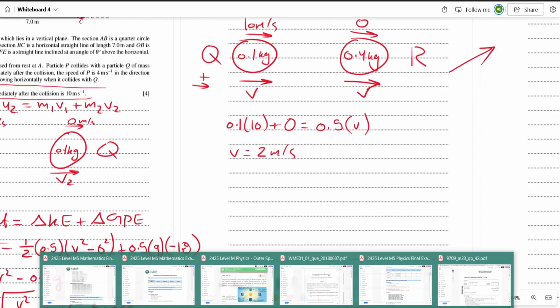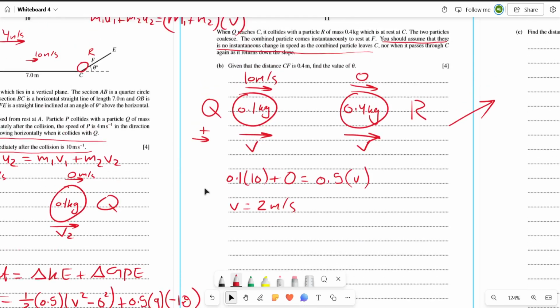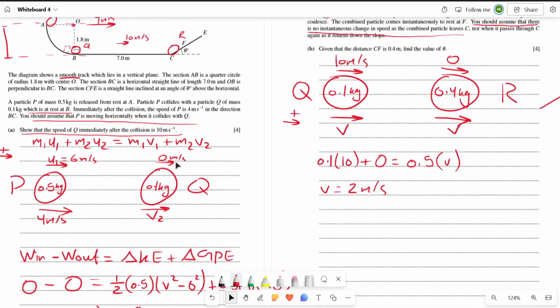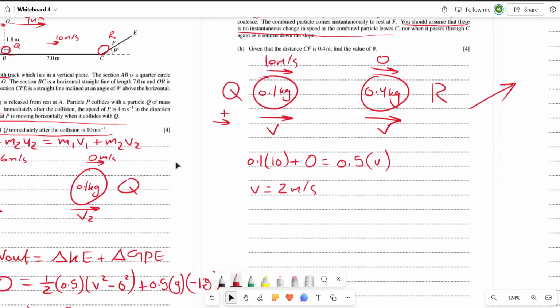Now to find theta, we have multiple options. We can do the work-in minus work-out equation. However, I want to solve it in another way, just to show you every single way you can solve this one. So let's draw the slope. The slope looks like this.